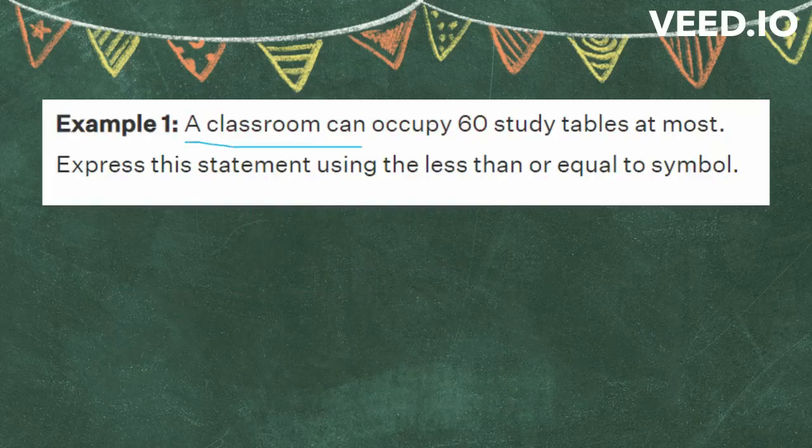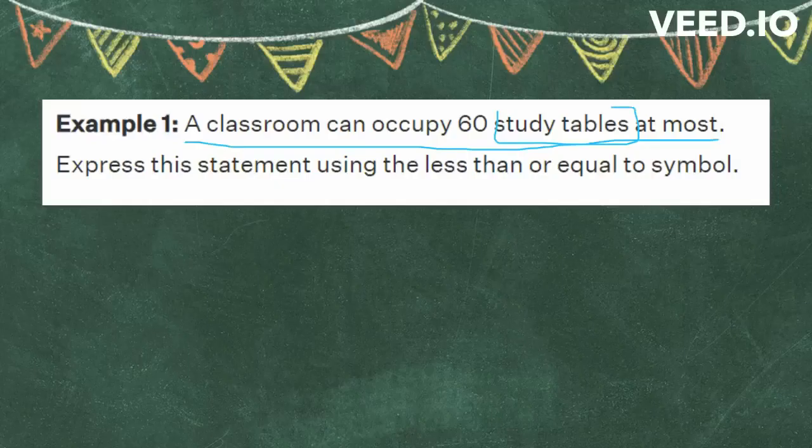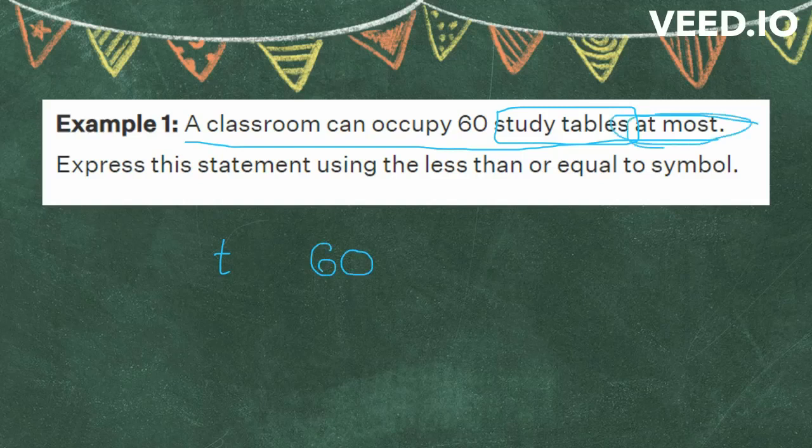A classroom can occupy 60 study tables at most. Let the number of study tables be a variable t. So 60 study tables at most, that means a maximum of 60, not more than 60.